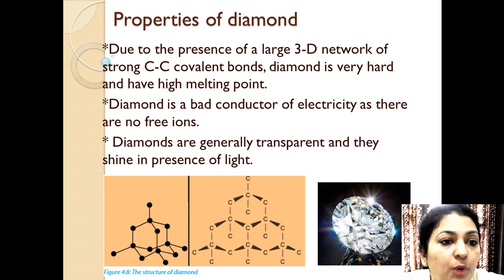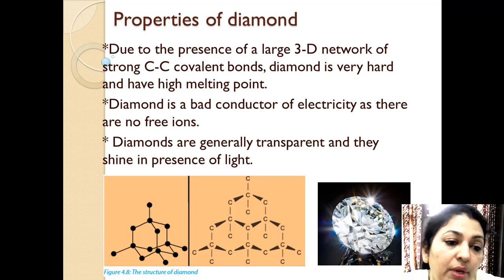Now we will move to the properties of diamond. Due to the presence of a large 3D network of strong carbon-carbon covalent bonds, diamond is very hard and has a very high melting point, usually more than 4000 degrees Celsius.